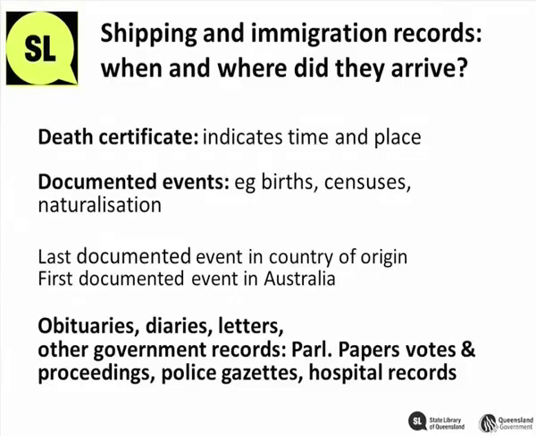Okay, so the first thing that you need to work out is when and where did someone arrive? I think Niles and Greg have pointed out that there is difficulty in being too certain about this, but if you can find some substantial evidence, some real documentation which tells you that window of time between when they were in the country of origin and the country of arrival, you're on to a pretty good start.